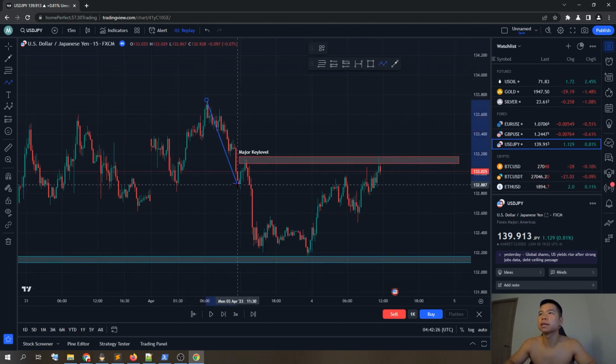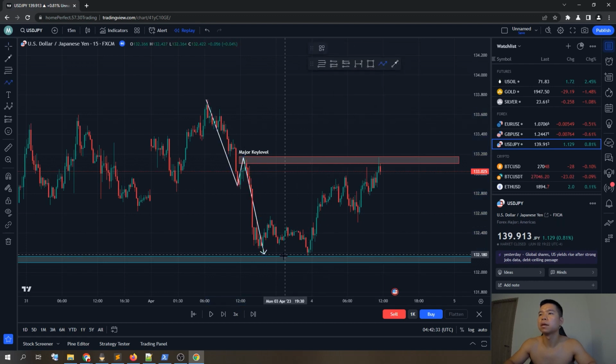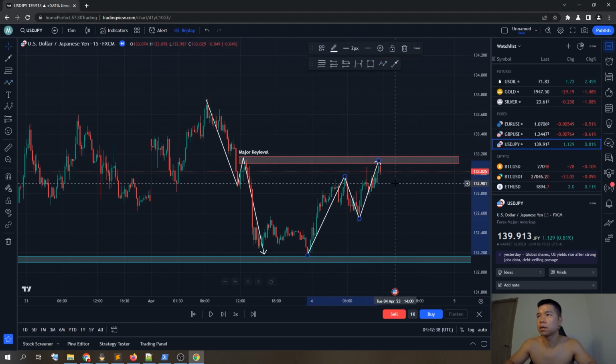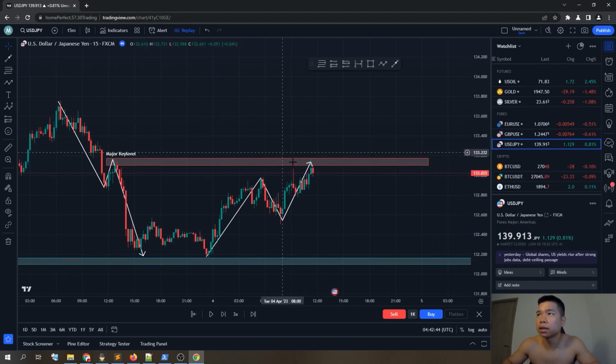The big downtrend is still a downtrend, but there is a small uptrend getting up.